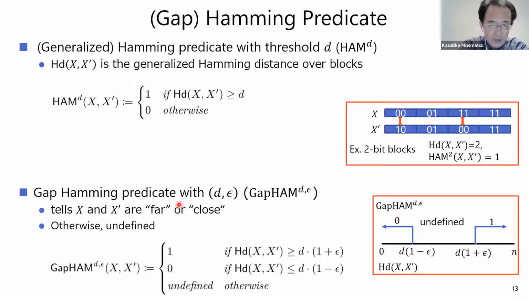A gap Hamming predicate with parameters D and epsilon is a loose version of the Hamming predicate. It tells if x and x prime are too far or too close. So as shown by this figure, there is a gap where, if the result is in this area, the gap Hamming predicate returns undefined.